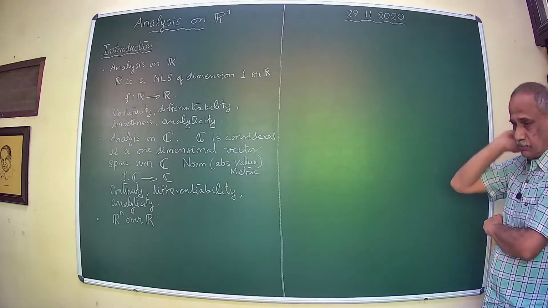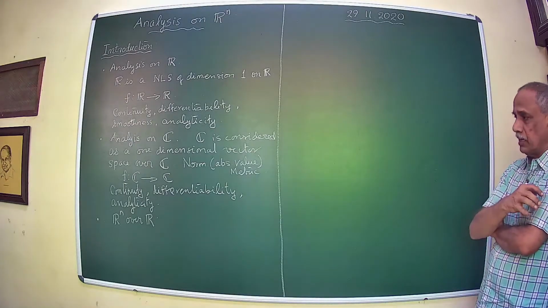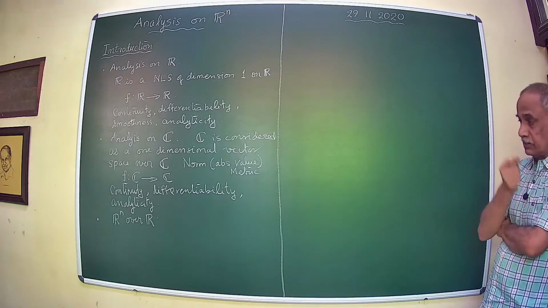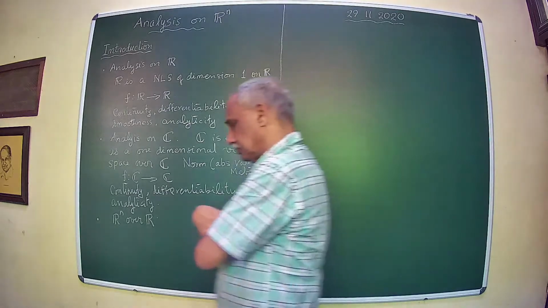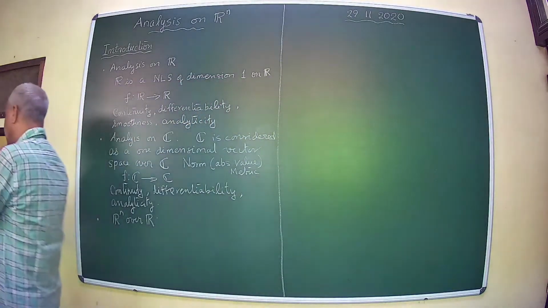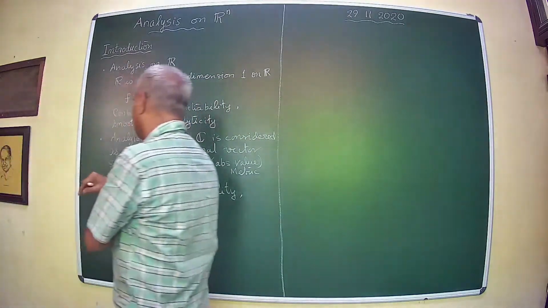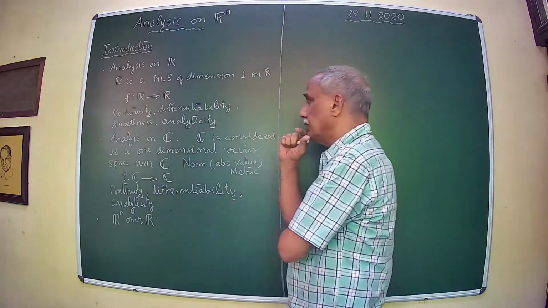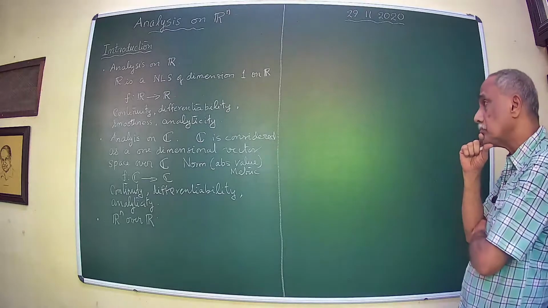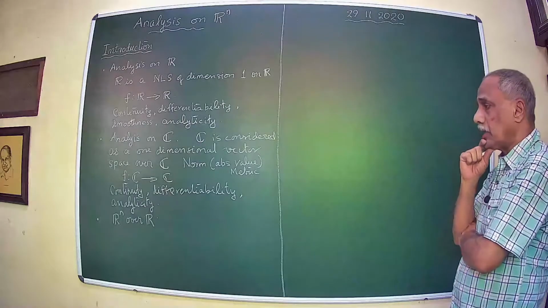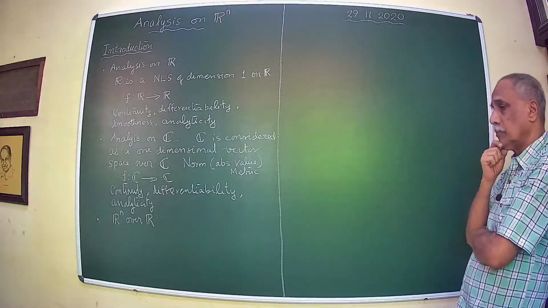So this is one of the things that we will explore. In this context, the derivative of the function becomes very important. So we will have to completely reinvent. There are some inherent problems when you go from functions from R to R to say functions from Rn to Rn.